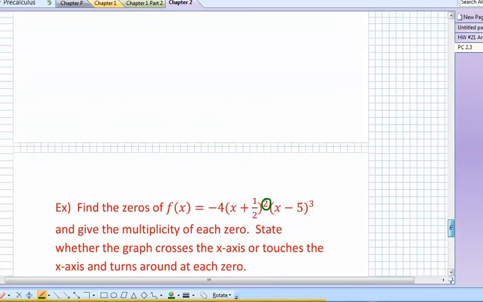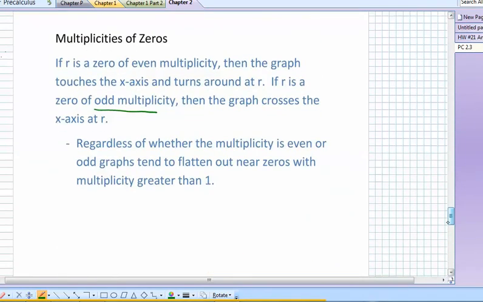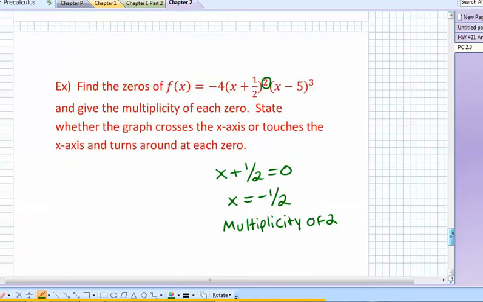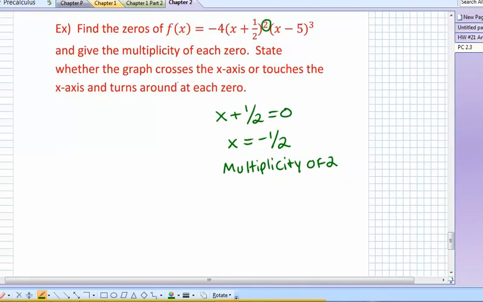Now remember back what we said here. If it's an even multiplicity, because it's to the second power, then the graph will touch the x-axis and turn around. So basically what it says, state whether the graph crosses the x-axis or touches it and turns around. Here it's going to touch the x-axis and turn around.